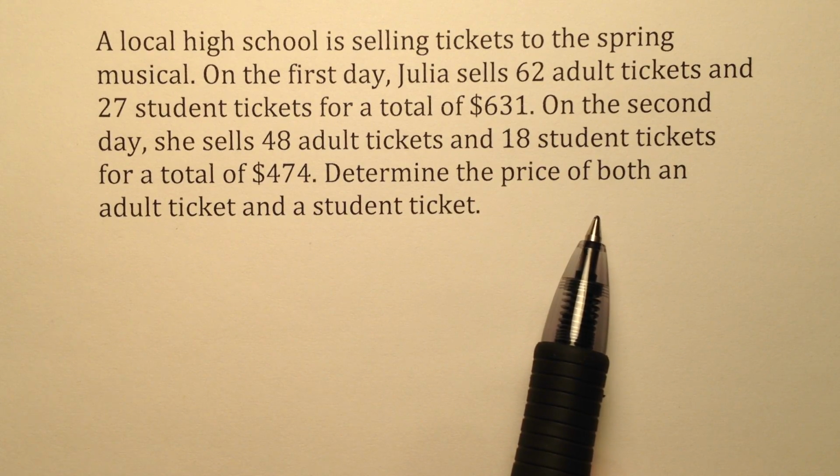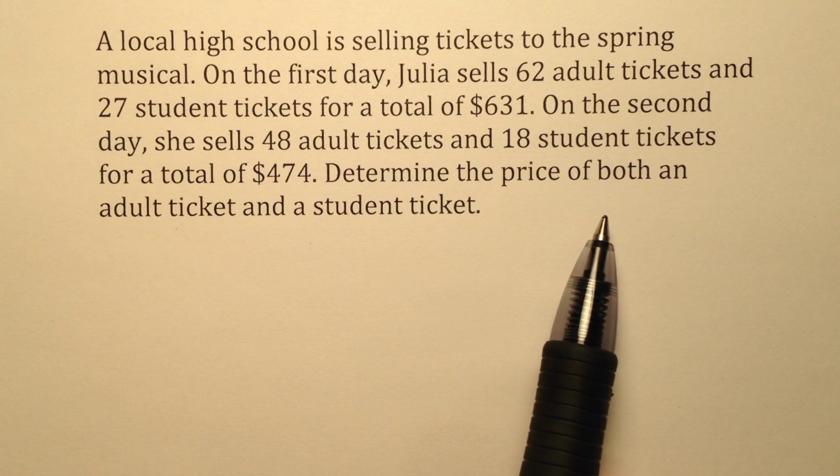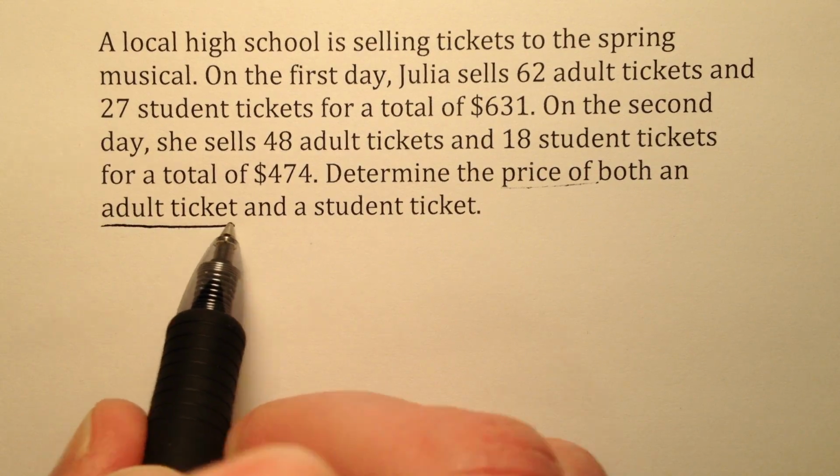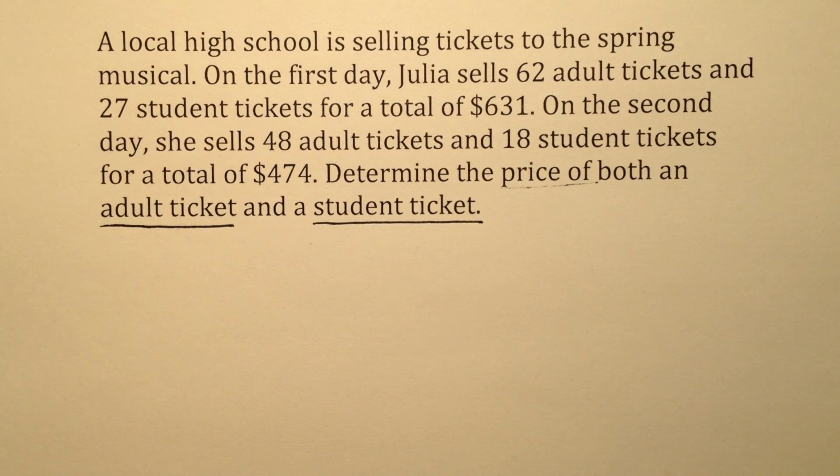So based on this situation, it looks like the missing values we're trying to find are going to be the price, and we have an adult ticket and a student ticket.